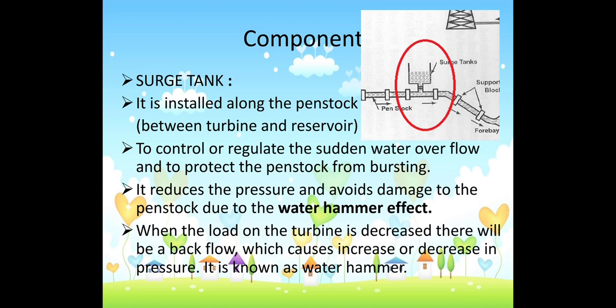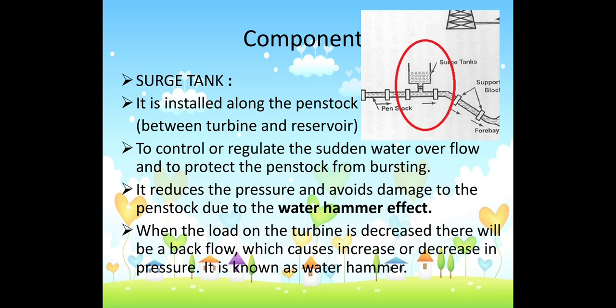Then the surge tank, one of the most important parts of the hydro power plant. It is installed along the penstock. It controls and regulates sudden water overflow and protects the penstock from bursting. Bursting means very high damage, which starts with the water hammer effect.